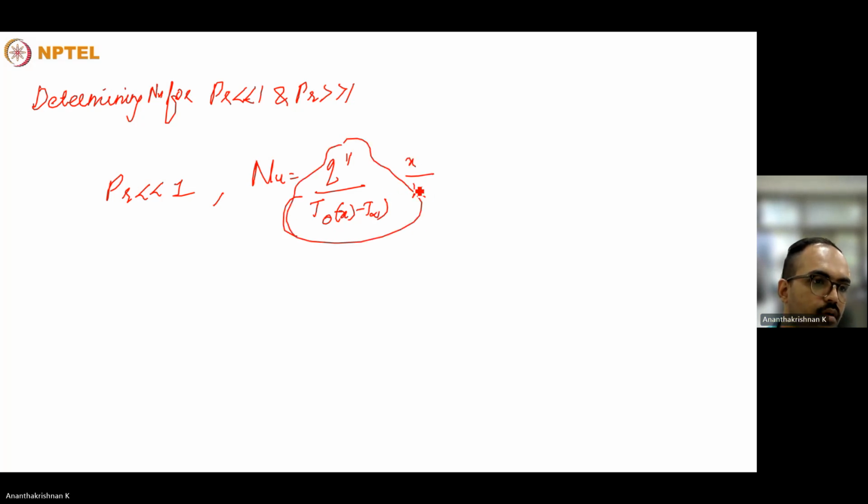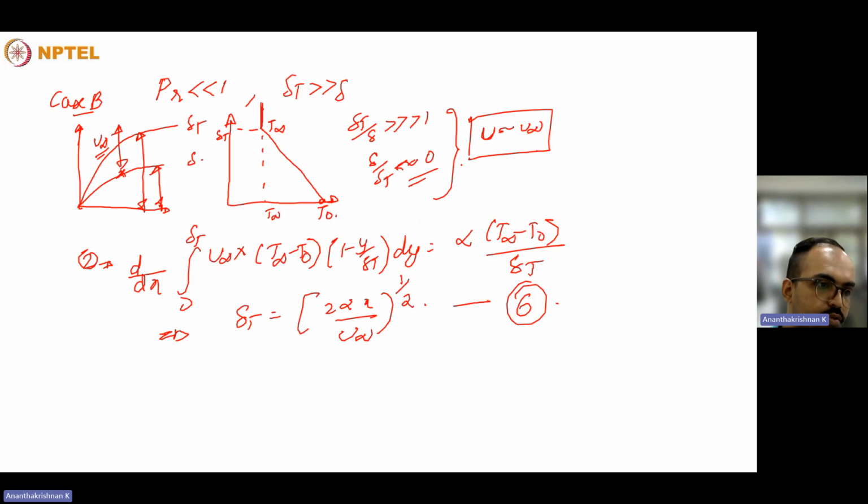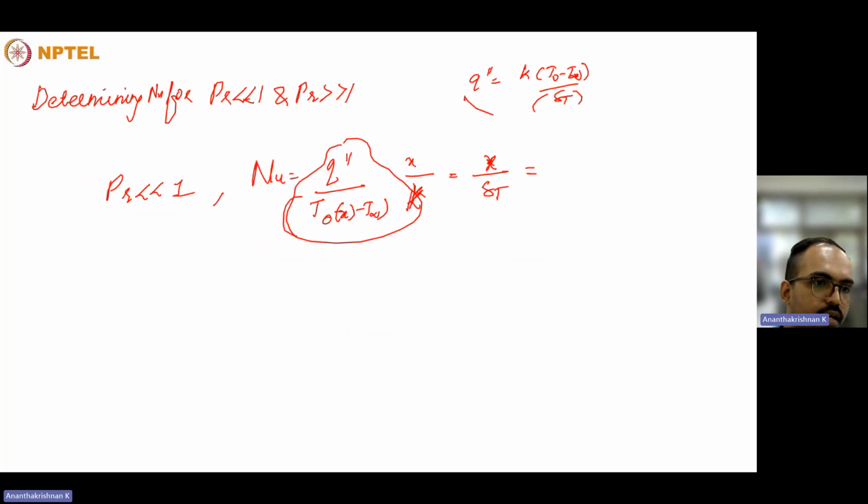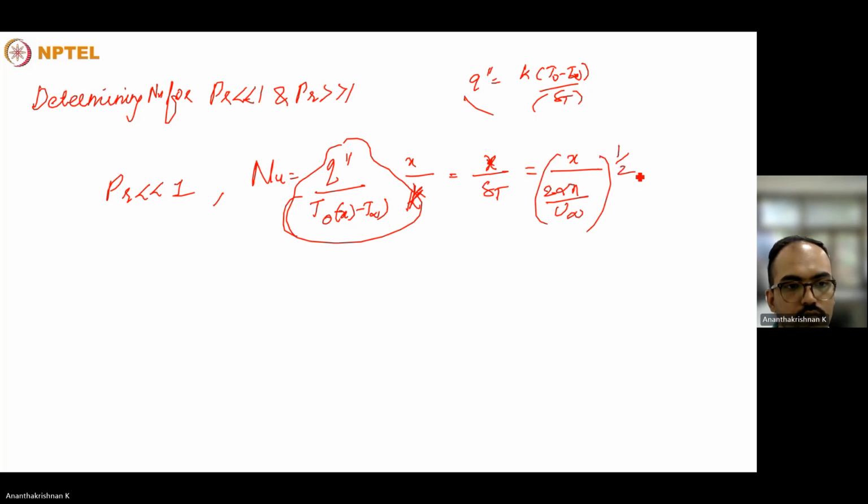This whole term can be written in the form of delta T. So basically that means q double dash is the same as k times T0 minus T infinity divided by delta T. So taking delta T on the other side, this will take the form of x divided by delta T. So substituting for Prandtl number less than 1 the value of delta T, it will become x divided by 2 alpha x divided by u infinity, the whole power 1 by 2.